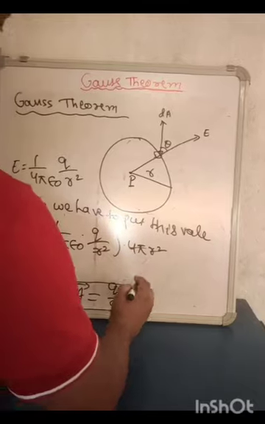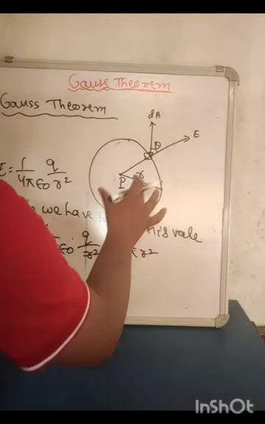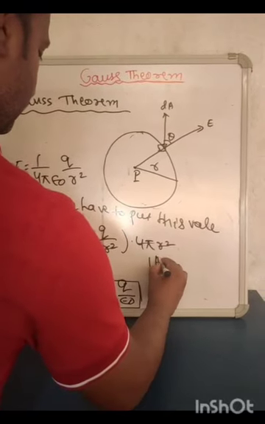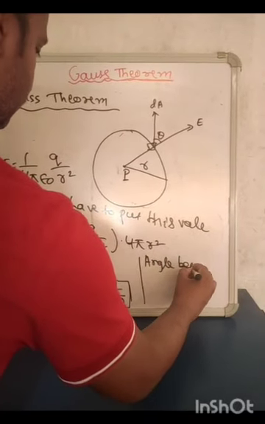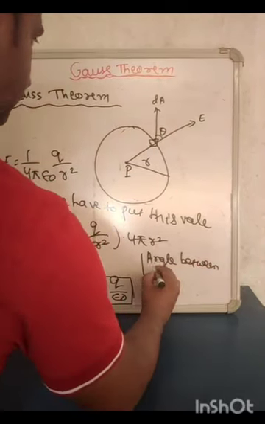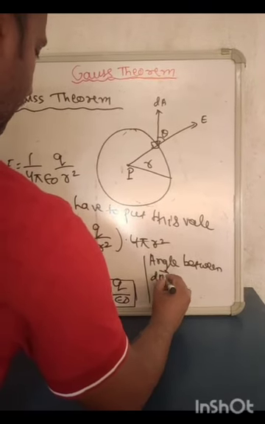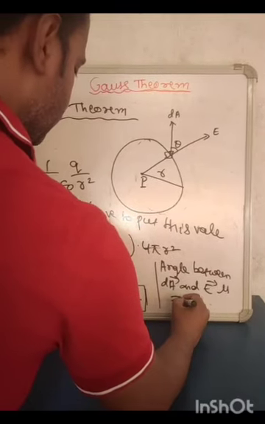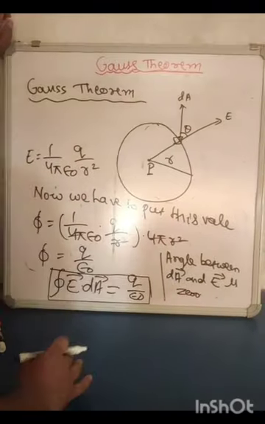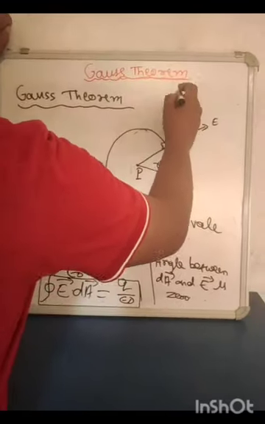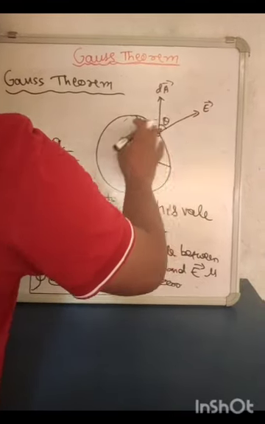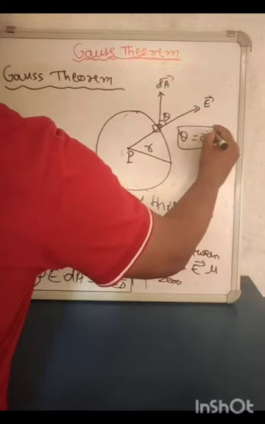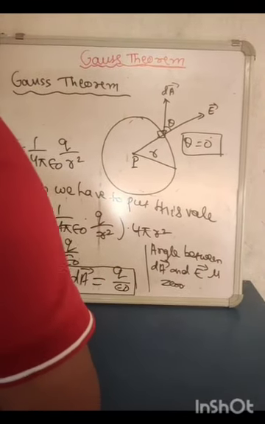Here, in case of a spherical surface, the angle between dA vector and E vector is 0 degree. What I am saying is that in case of a spherical surface, the dA vector and the E vector lie in the same line, so theta becomes 0 degree.